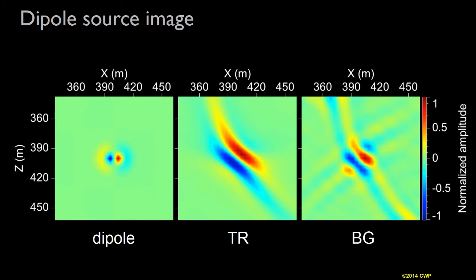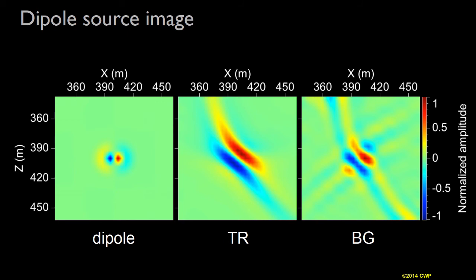On the left, you see the true dipole, which is horizontal in this case. In the middle, we see the time reversal image of this source. And on the right, we see the Backus and Gilbert image. We see that Backus and Gilbert has produced a more focused and compact image. And also, it has done a better job in delineating the horizontal orientation of the dipole.